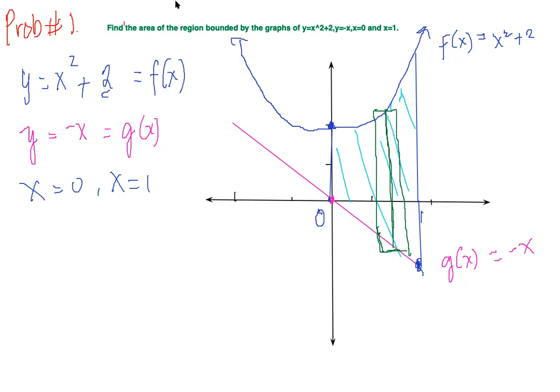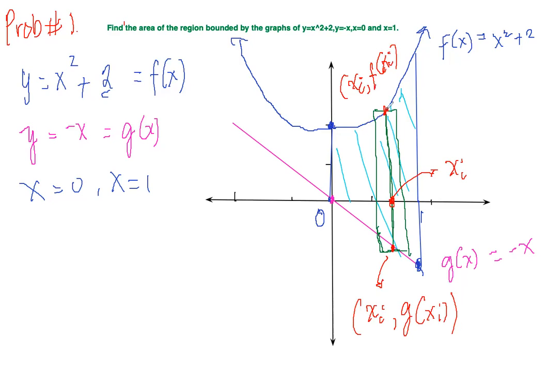Let's identify the points. Let's say this is our x sub i. So this point is what we call x sub i and g of x sub i, and this point here is x sub i and f of x sub i.